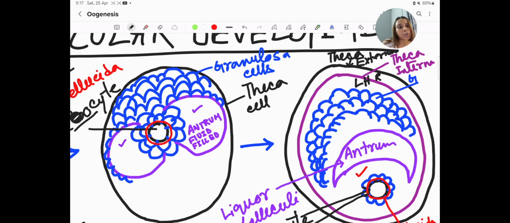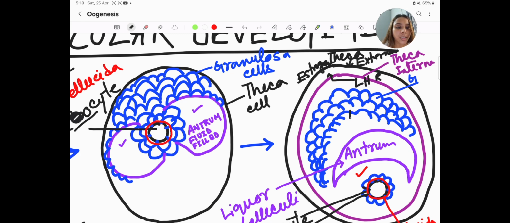The LH hormone acts on these receptors and produces the most important ovarian hormone, that is estrogen. And the granulosa cells also house FSH receptors.